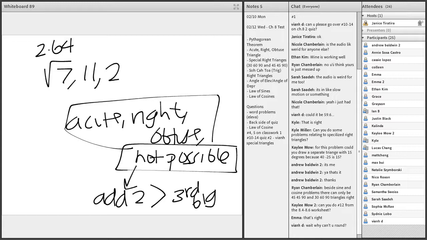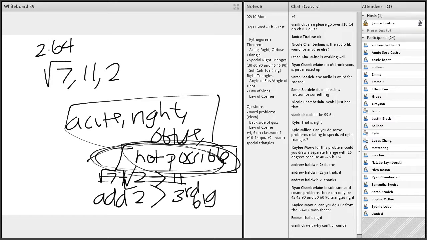So if I add the two smaller ones, rad 7 plus 2, it's not going to be bigger than 11. It doesn't work. So already it's not possible, because this is what the picture is going to look like. Here's 11, here's rad 7, which is 2.6, and here's 2. There's going to be a humongous gap. Those two small sides are not enough to close the triangle.